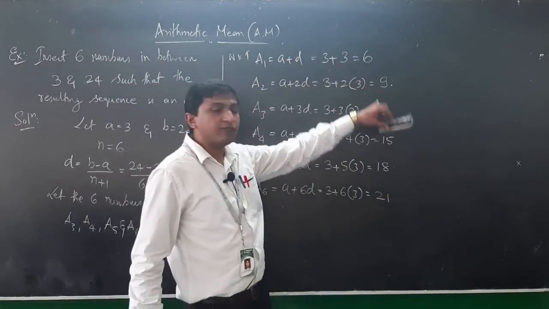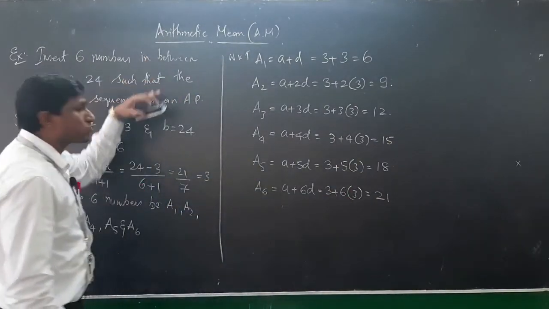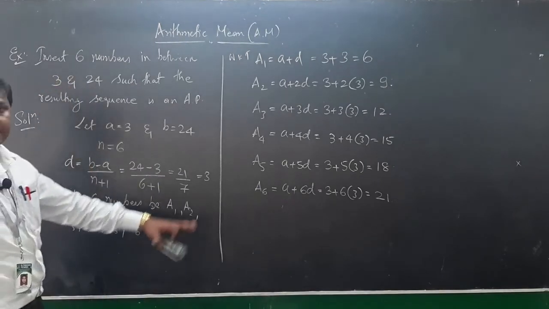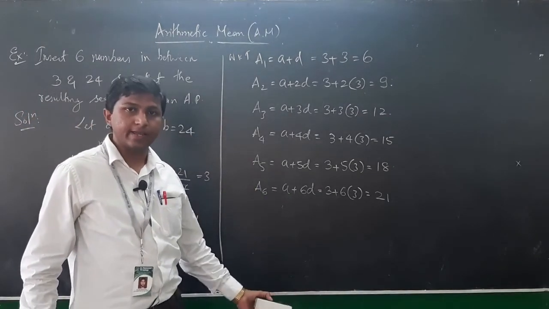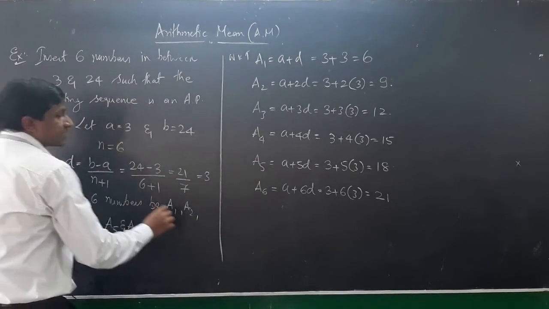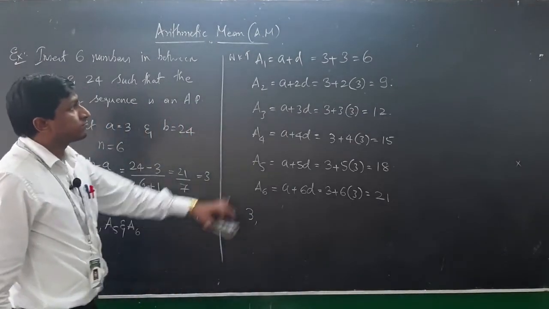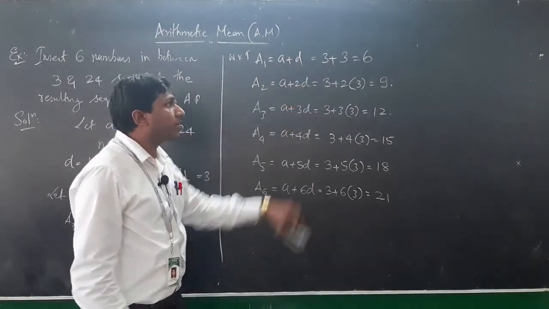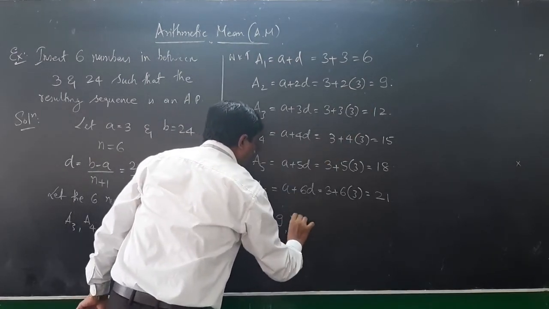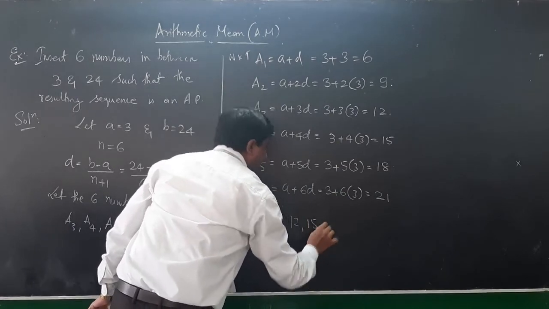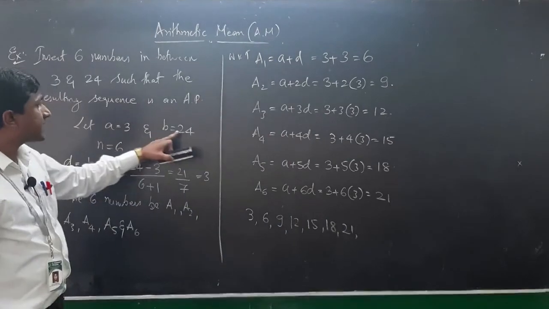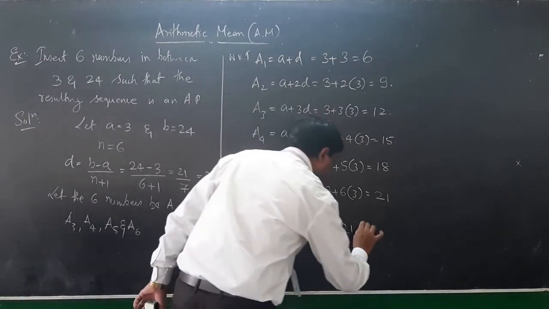So we have found out the 6 numbers to be inserted in between 3 and 24 such that the resulting sequence is an AP. What is the resulting sequence? First number is 3. Second term will be a1, which is 6. Then 9, 12, 15, 18, 21, and the last term is 24.